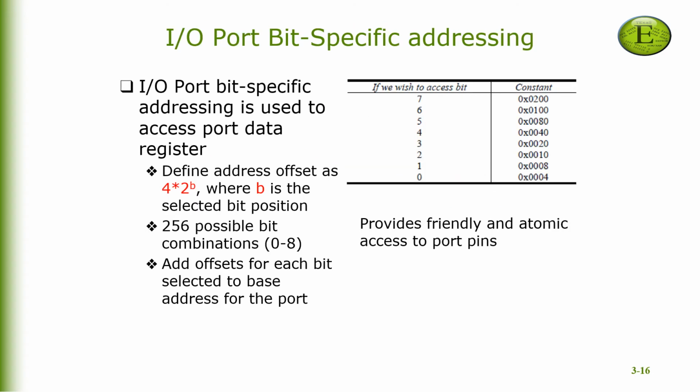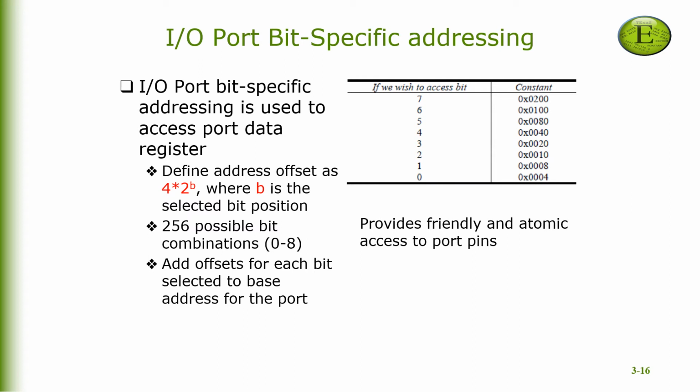In the previous example, we saw that we read the entire port into register R0. In fact, we don't really have to read the entire port into the register. We can work with only specific data on the specific pins of the port.